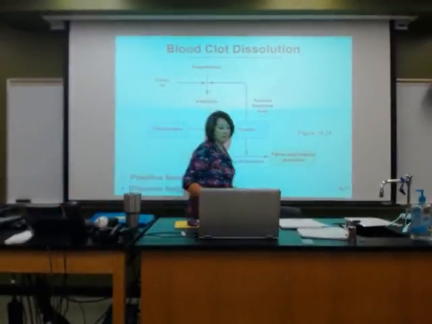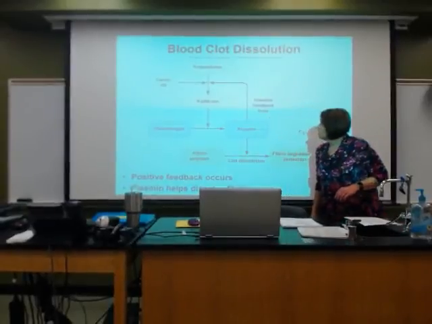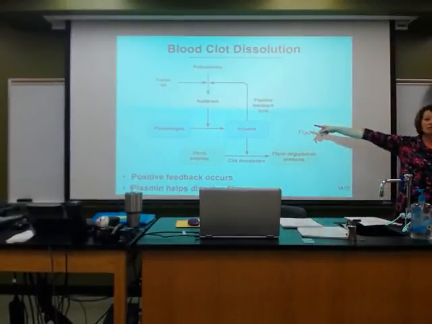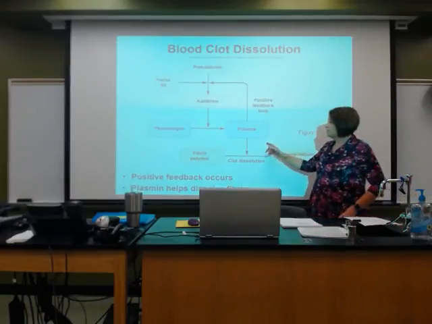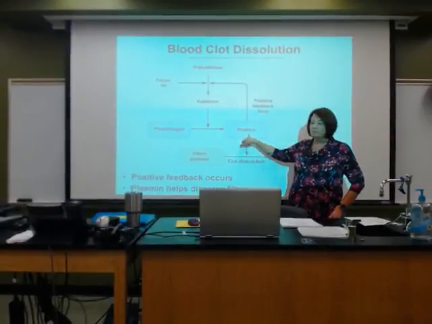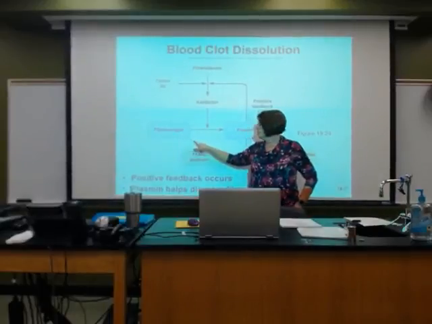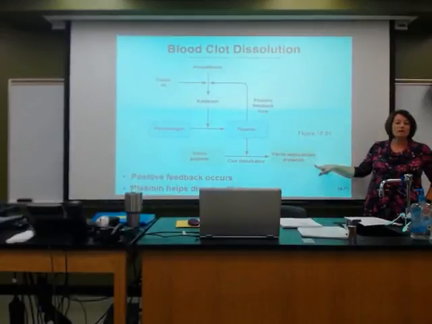That requires some materials, some chemicals. Once again, we're starting a positive feedback loop. We get the production of plasmin, which will come from something called plasminogen. That helps us break up the clot, break up the fibers.